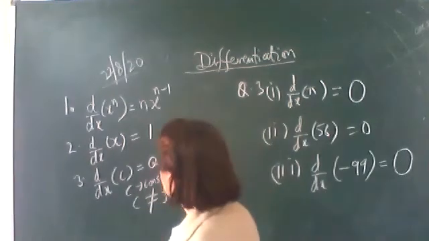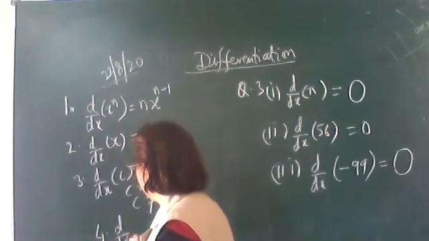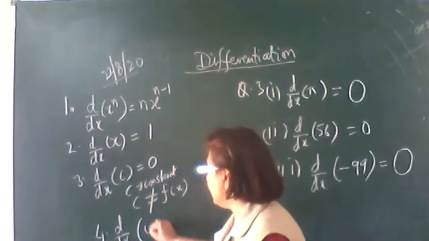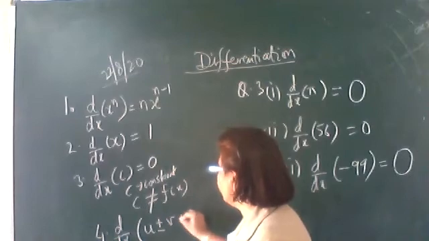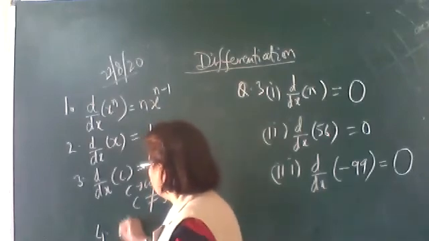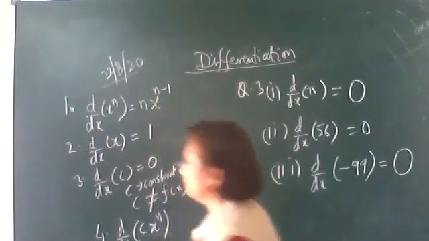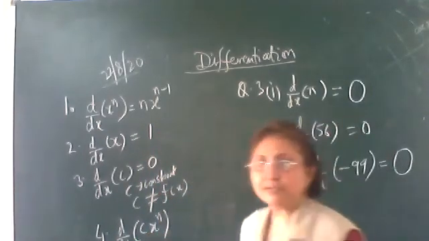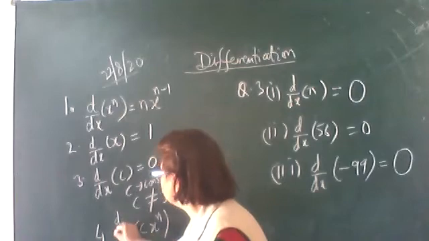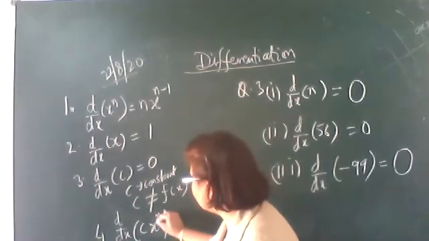Okay, now the fourth formula, d by dx of, if there are a number of terms, u plus minus v plus minus w. Before that, let's do one more, d by dx of c into x raised to the power n. The constant multiplied by, can you see the board? d by dx of c x raised to the power n.